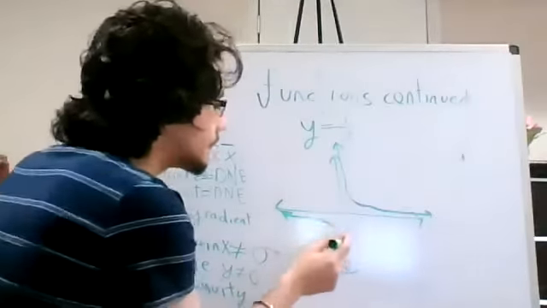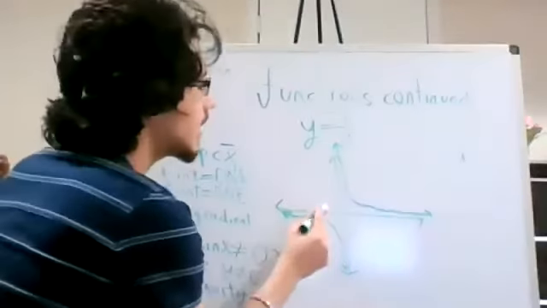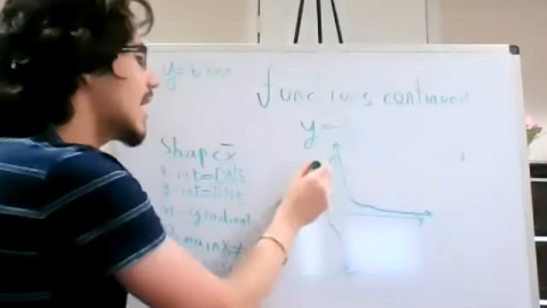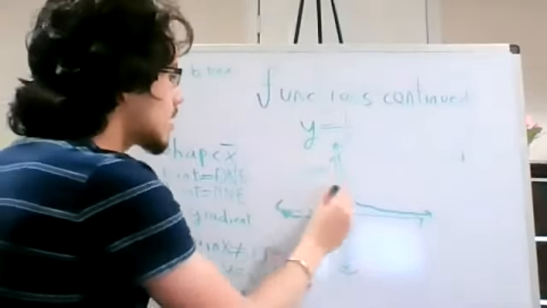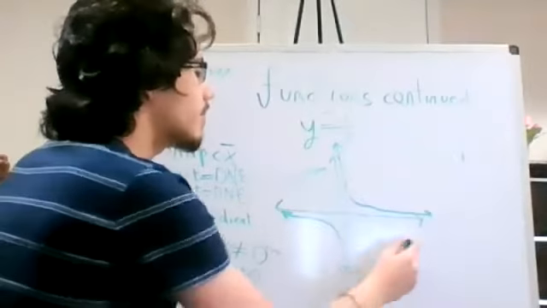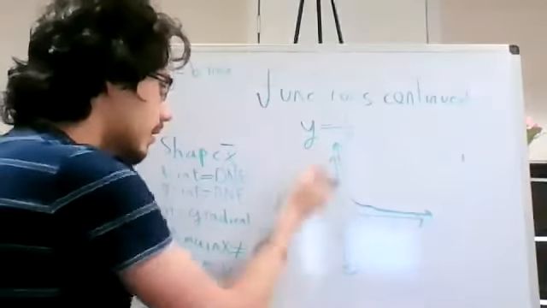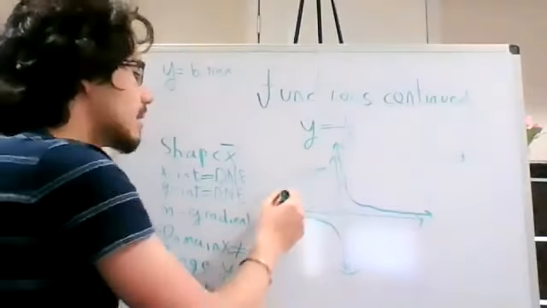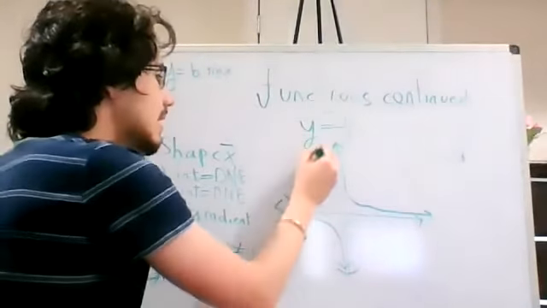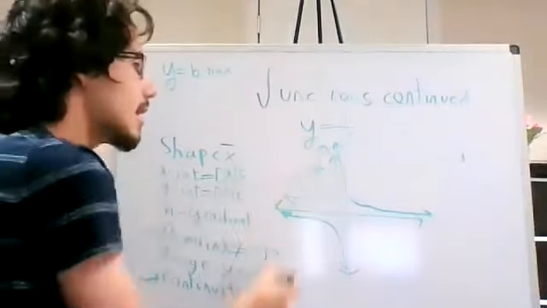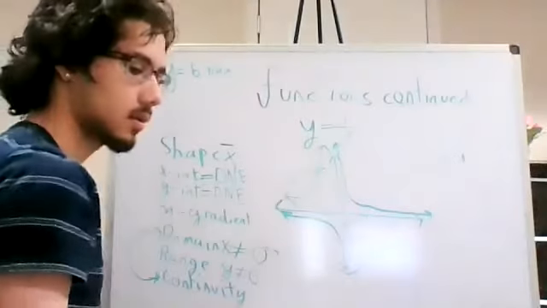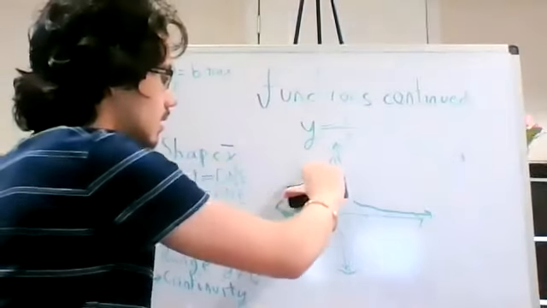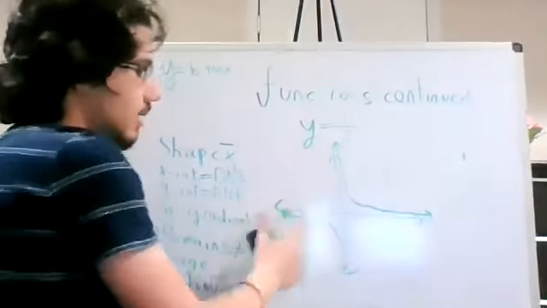Because it never touches the zeros, it can never be in this quadrant or this quadrant because it can never cross the x or y axis to reach them. And the function cannot exist here because then it would not be a function. It cannot coexist with these parts.